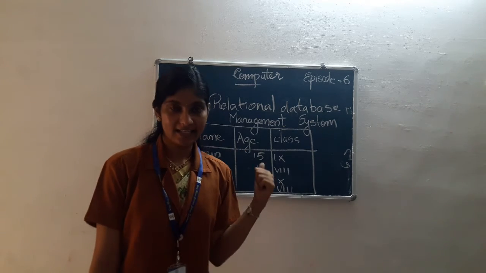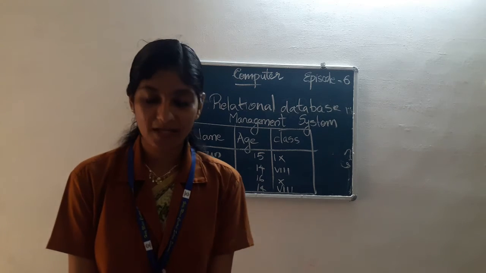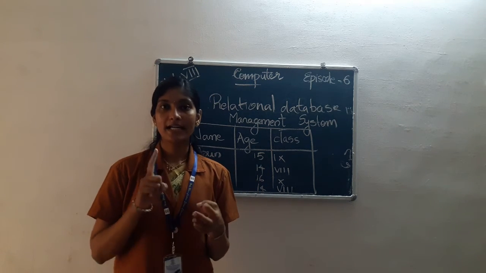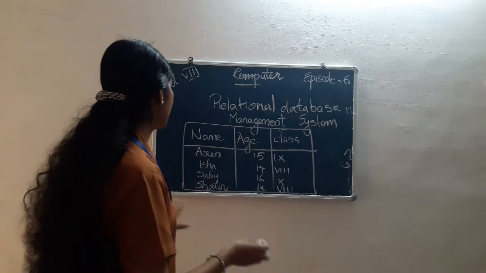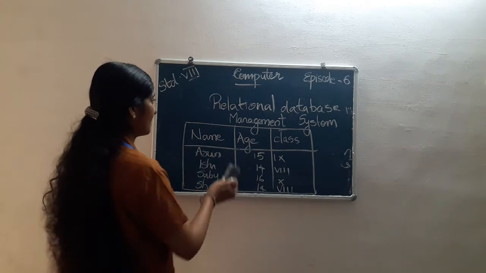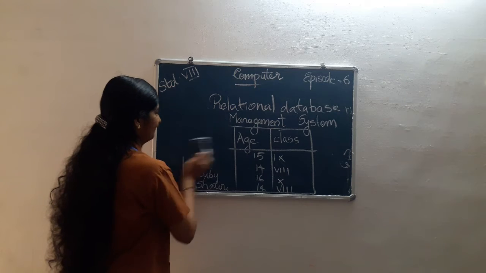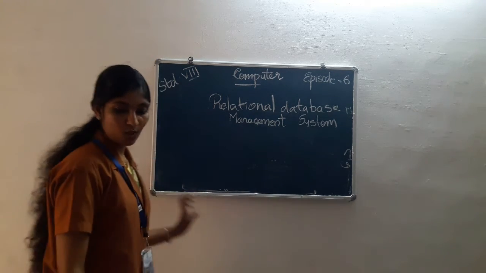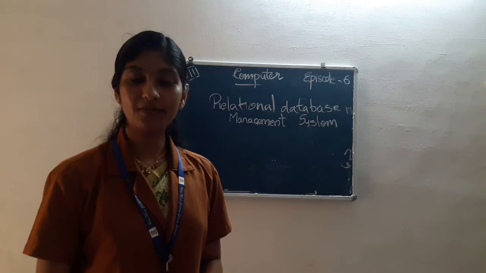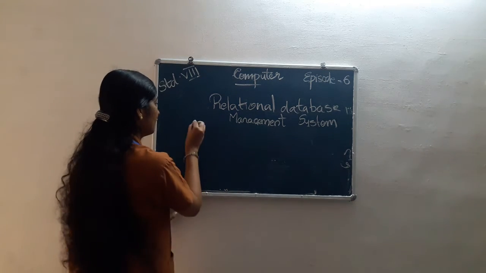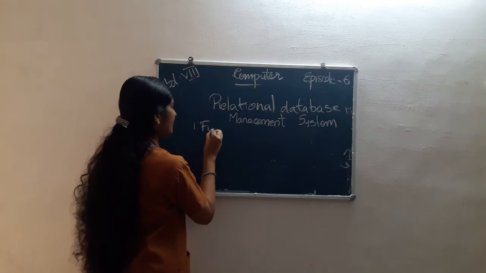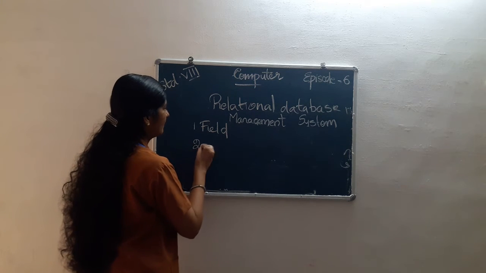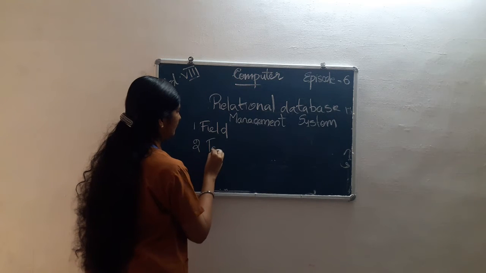Then the components of a relational database management system are field, record, table. So what are the components of a relational database? First one, field. Then second one, table.